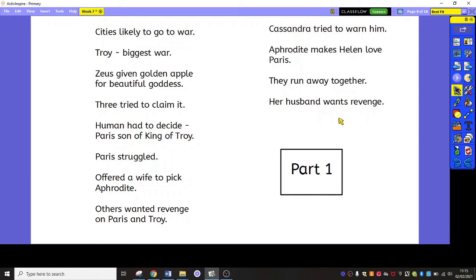And it's really important you know what happened and why, so that you can motivate your troops in the right way. So if you were a Greek general, you could say, they stole Helen from us and we need to get her back.